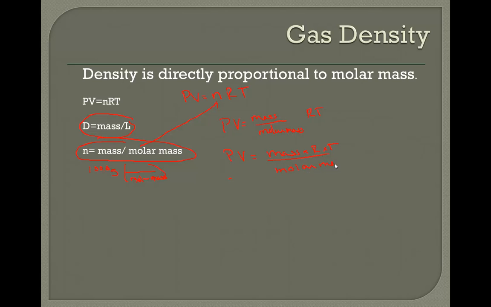We also know that density is equal to the mass over the volume. Well, we have mass here and we have volume here. So we can rearrange this equation then to have mass over volume.